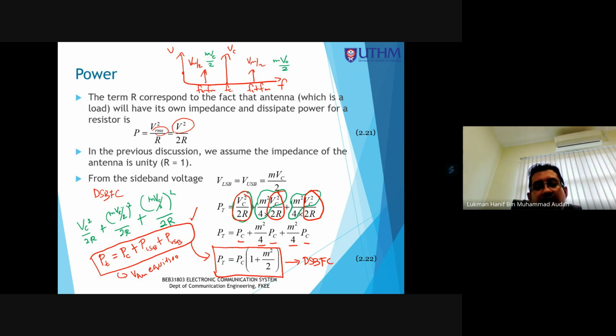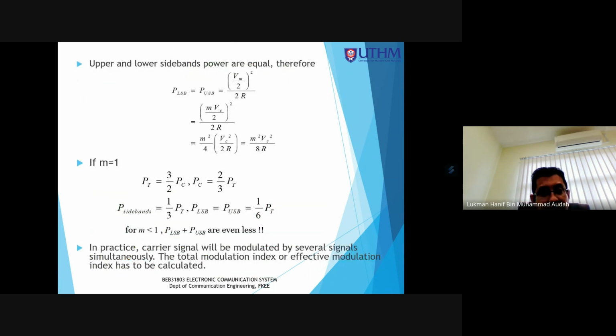Once you know the equation of the AM, then you can determine the power and other parameters. Why do I write three components? Because the equation contains three components. So when we write the power, it is PC plus PLSB plus PUSB.